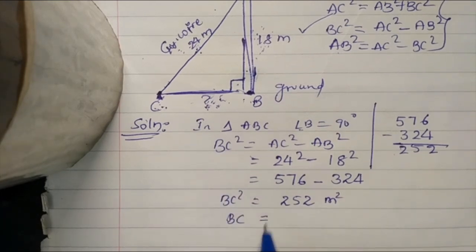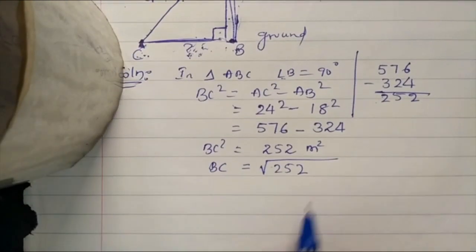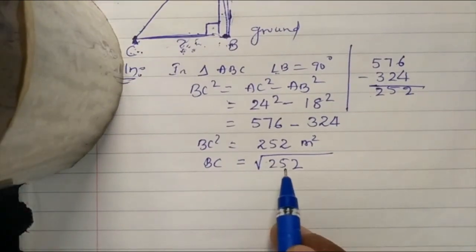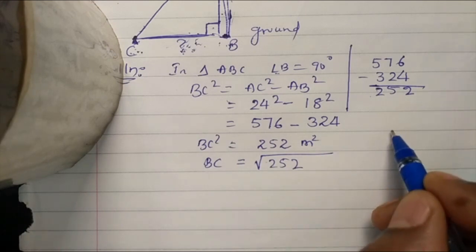I need only BC, so what to do? To remove the square, we need to apply the square root on the other side. Root 252. 252 is not a perfect square. If it were 256, 256 is 16 into 16.